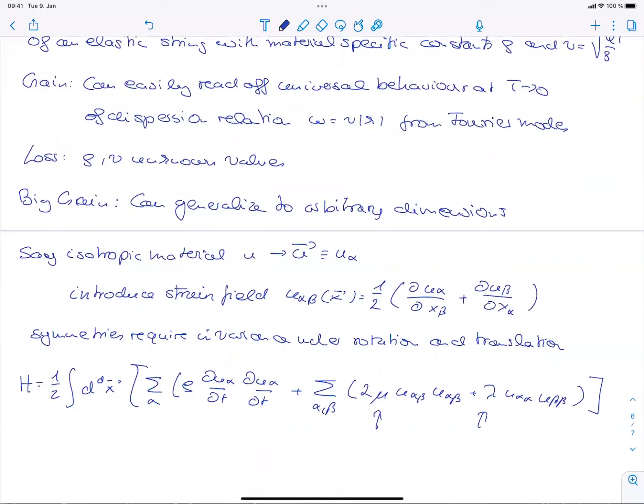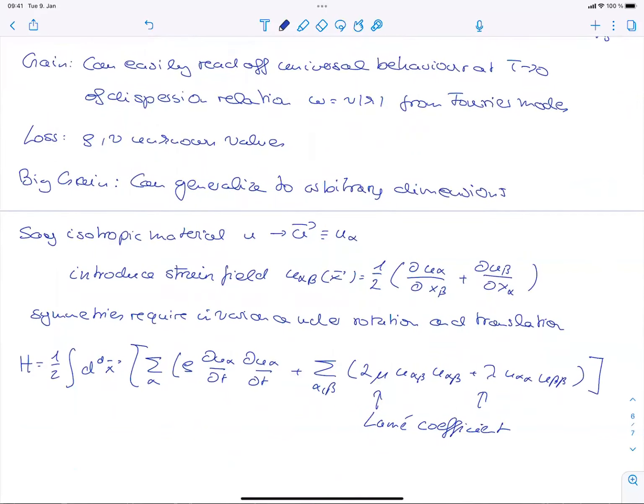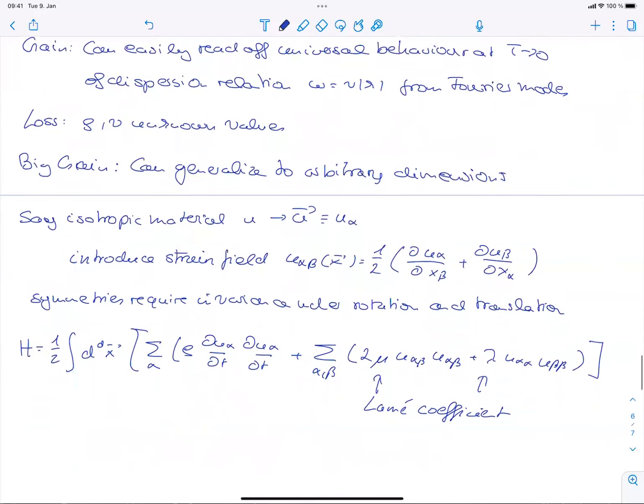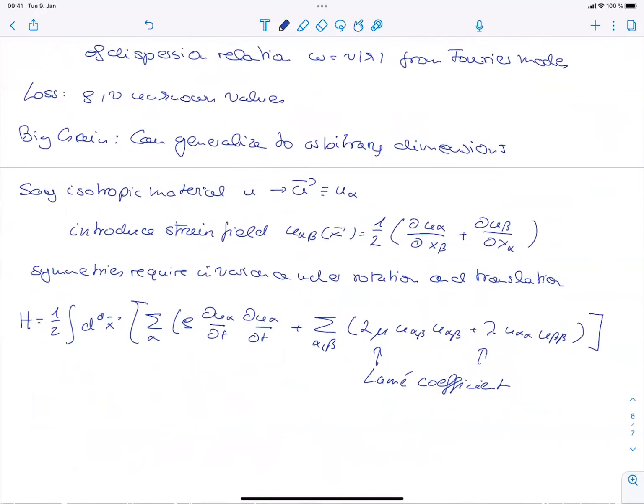I can ad hoc write down such a Hamiltonian for a three-dimensional material. And if we take this Hamiltonian as a given, you don't really have to fully penetrate how it comes about.